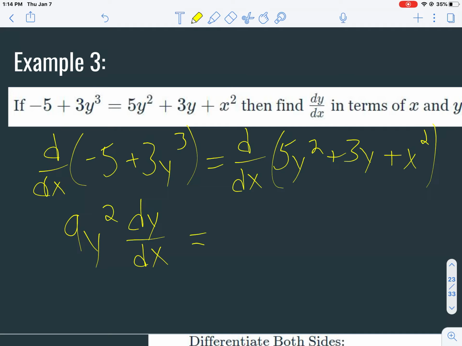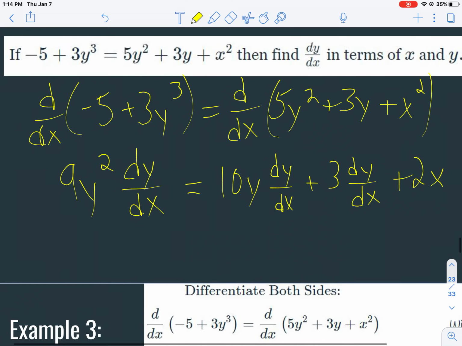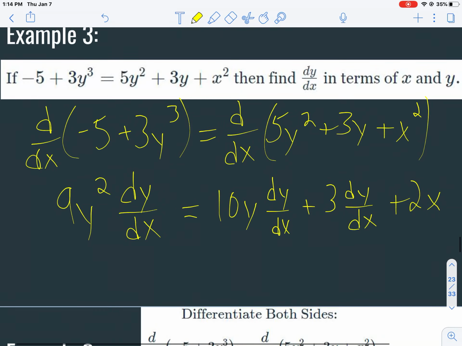Now on the right-hand side, we have 5y squared, so the derivative is 10y dy dx. Derivative of 3y is just 3, but again, we need dy dx. And on the right, the next one, plus x squared, the derivative is just 2x, okay? All right, now, looks like I'm gonna run out of space here.